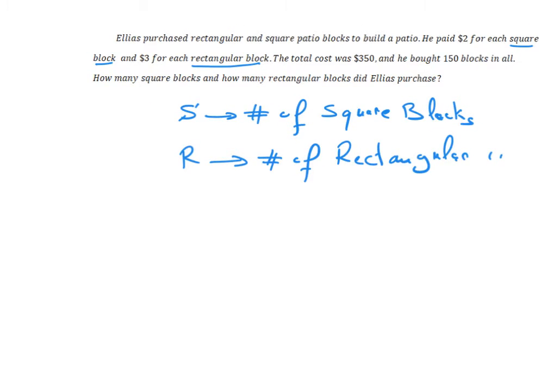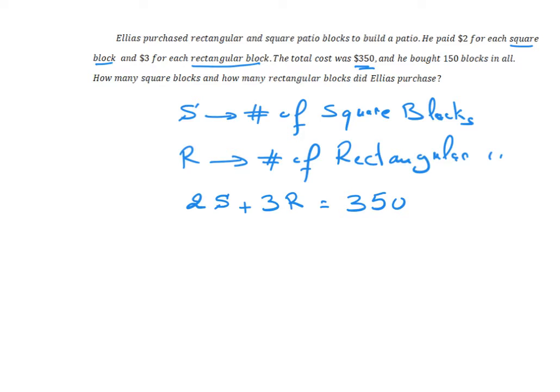So we know that he paid $2 for each square block and $3 for each rectangular block. The total cost was $350, right? So if he paid $2 for each square block, and S represents the number of square blocks, we don't know how many, and he paid $3 for each rectangular block, the total will be $350.